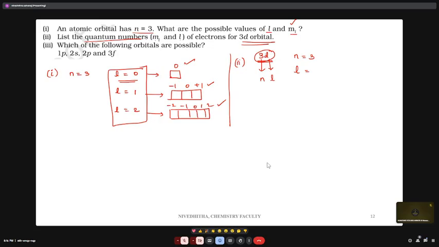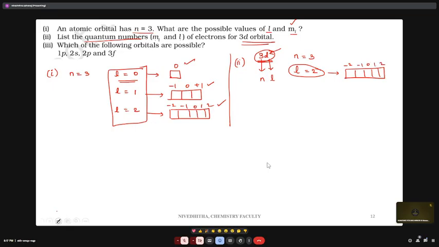No. See, they are talking specifically about the d subshell. If it is d subshell, what is the azimuthal quantum number? 2. It is just 2. In l is equal to 2 subshell, how many orbitals are there? 5 orbitals, and their magnetic quantum numbers are -2, -1, 0, +1 and +2.